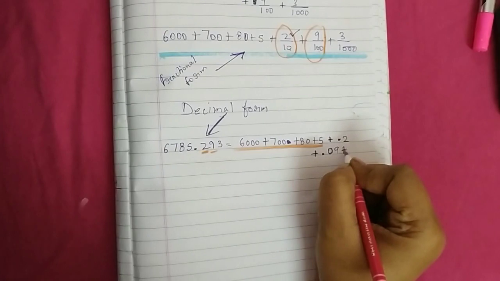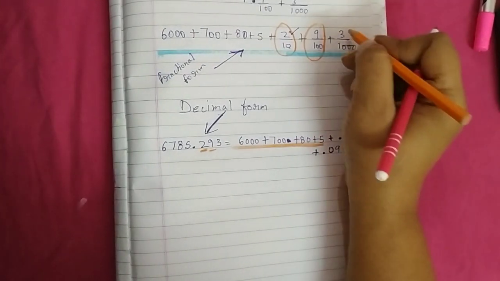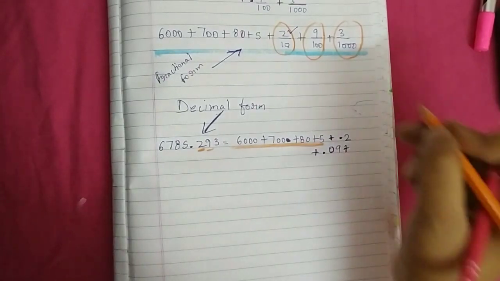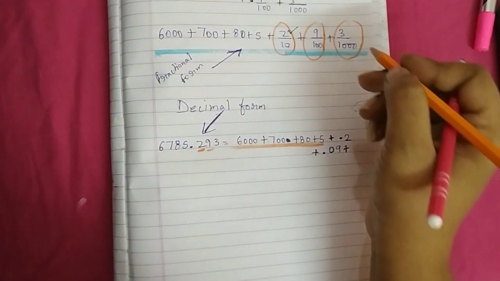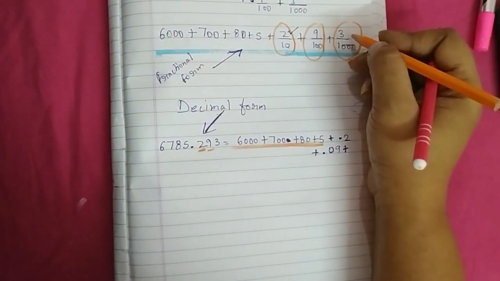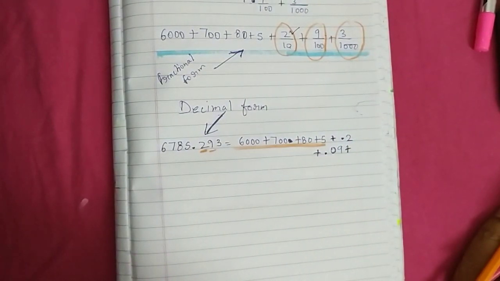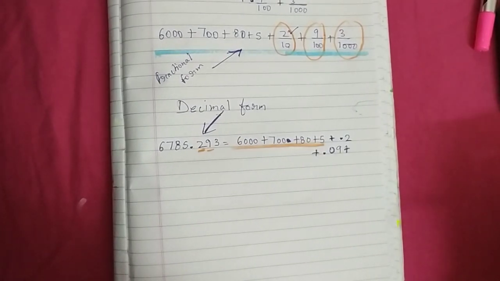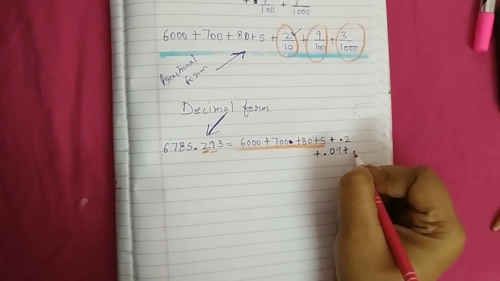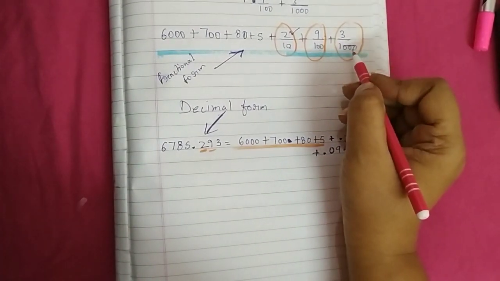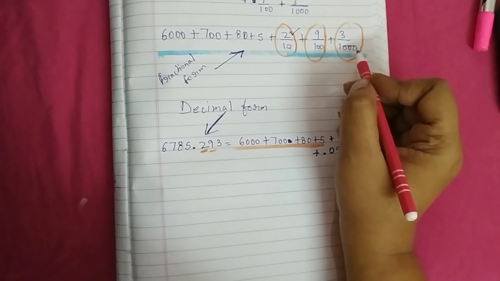Now, let's see about the third one. About this one. So children, about this one. This is what? 3 upon 1000. Yes? So children, put decimal sign here. How many digits do we need after decimal? 3 digits.